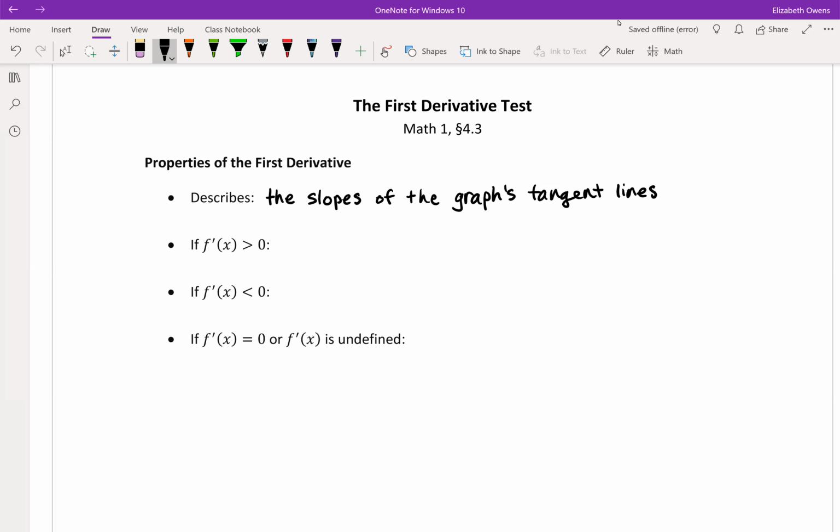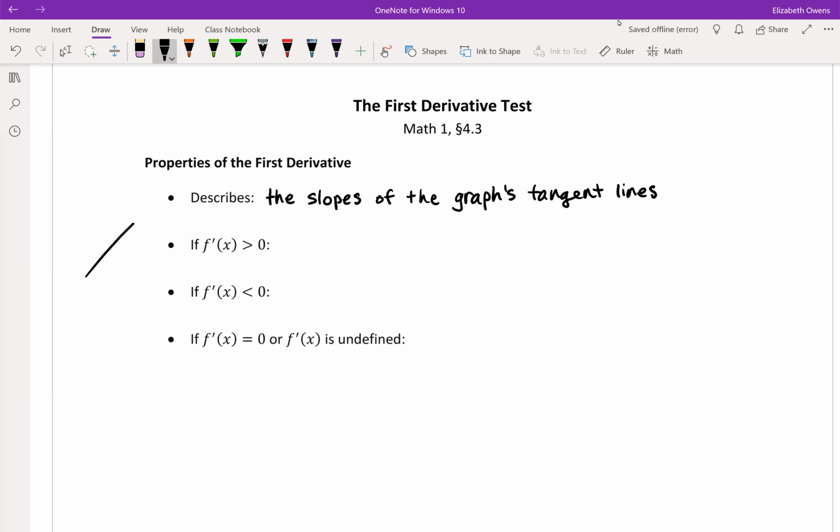Now, the next couple properties here, we may or may not have explicitly pointed out last chapter, but these are things that you can gather pretty quickly from what you know about the derivative at this point. So if your derivative f prime of x is positive, that means the slope of the tangent line to the graph is positive at that point.